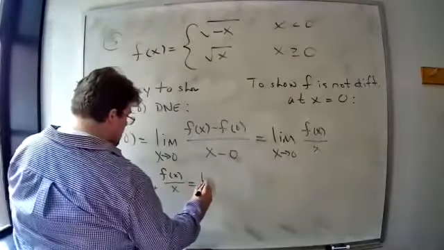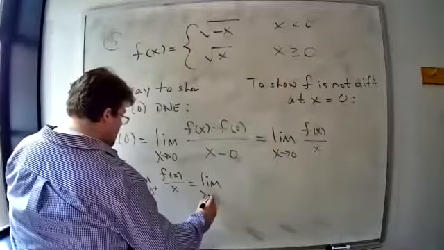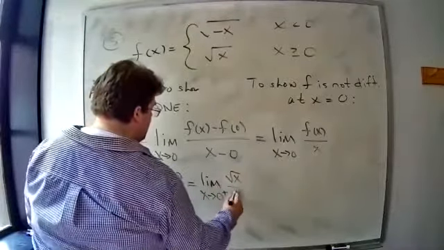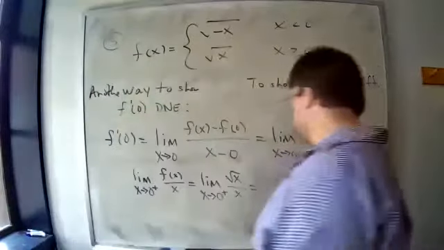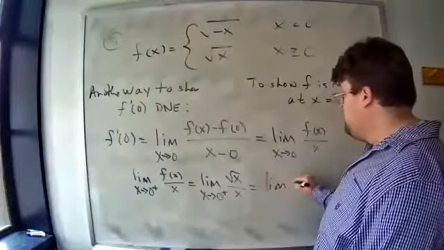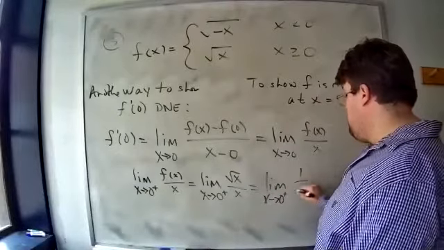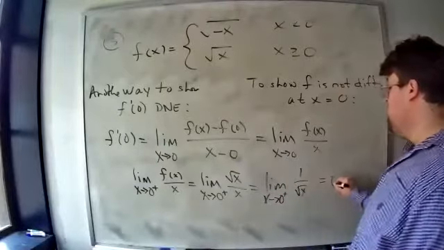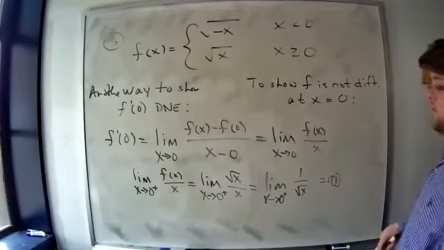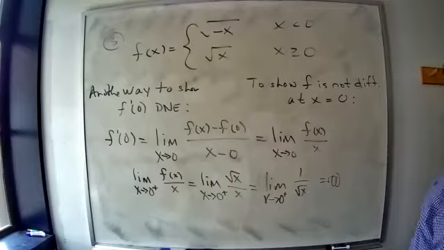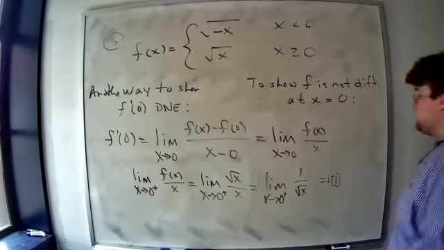So you take a limit. F of x on the right of 0 is root x over x. That simplifies to 1 over root x. That goes to positive infinity, for the same reason as the one we discussed before. The bottom will go to 0 on the positive side. Top doesn't change.